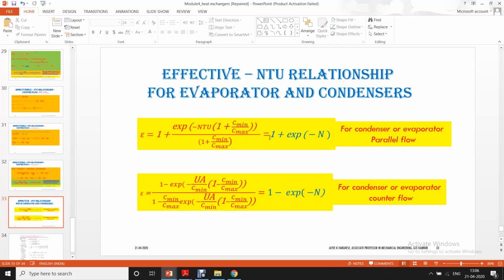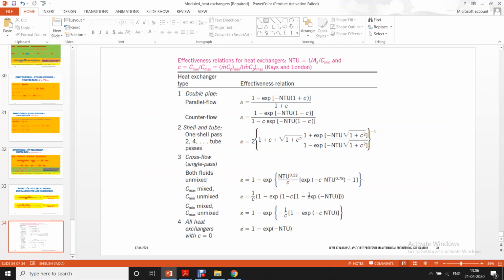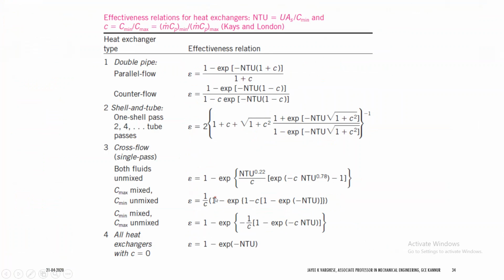So for parallel flow 1 plus e to the power of minus NTU, and for counterflow 1 minus e to the power of minus NTU. Now for other configurations, a double pipe heat exchanger, parallel flow and counterflow, we have these relations.